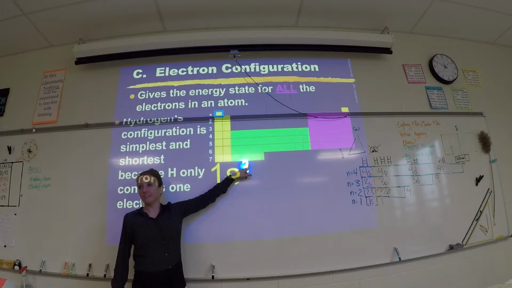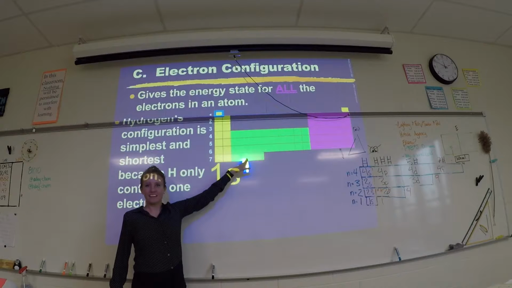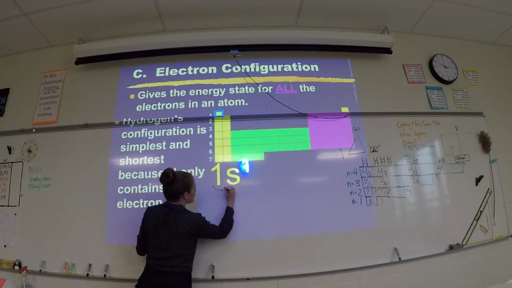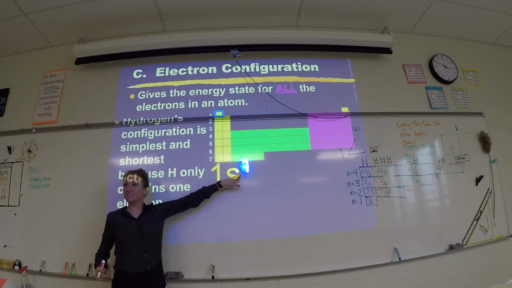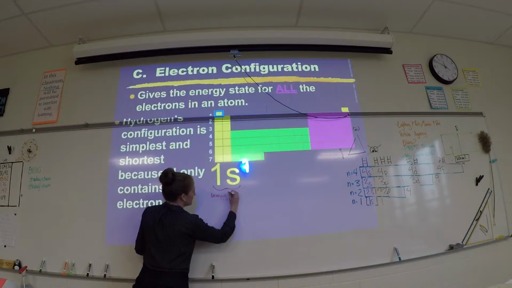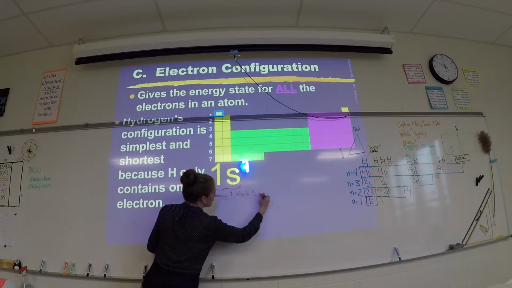It's particular here. This right here is not a mathematical operation. It's just a notation. What this first part, the 1s, represents is the energy level and the block, or the sublevel.